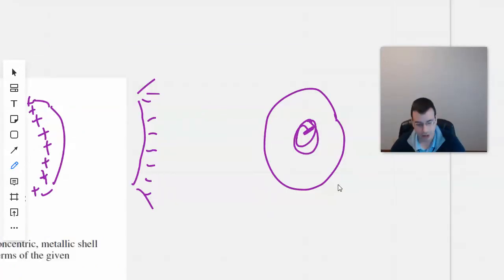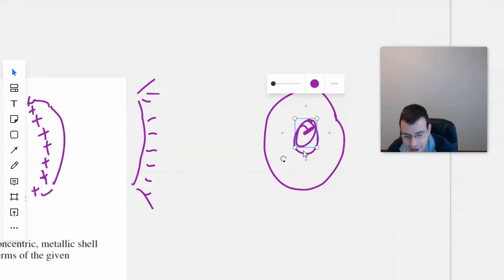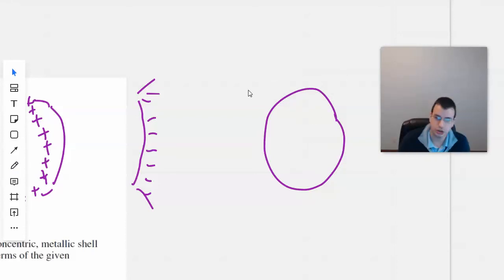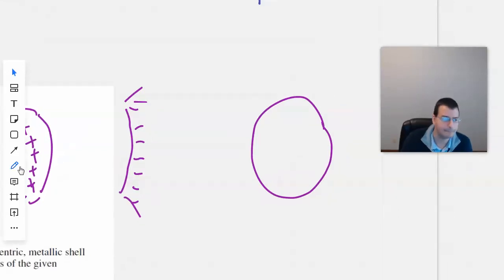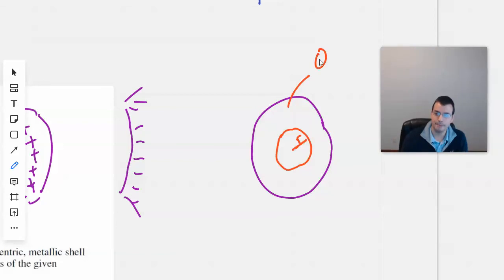And if we ask, so at some radius r, let's do this guy. We have some radius r like this. What's going to be the charge? So this entire thing is big Q, and we have some smaller part here.